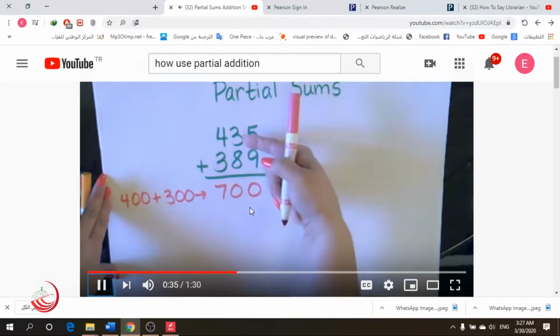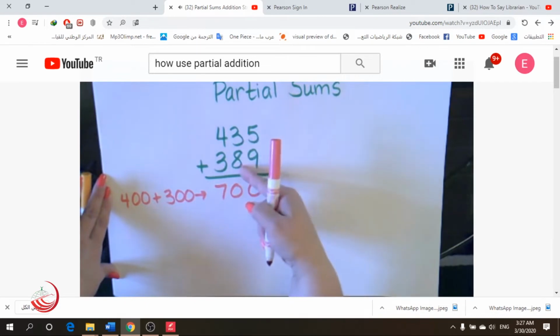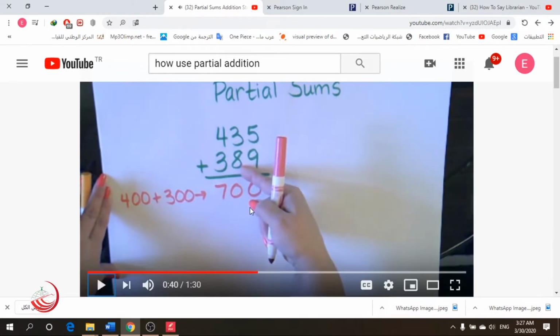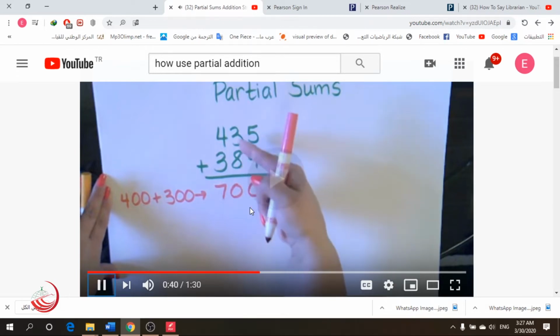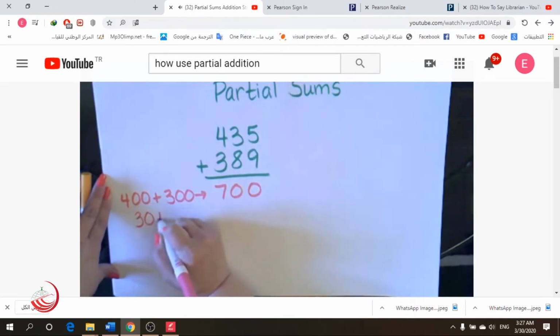I have 3 tens in 435 and 8 tens in 389. So who is the excellent one who will tell me 3 tens equals what? Yeah, good job, 30. What about 8 tens? Excellent, 80. The value of 3 tens is actually 30, and the value of 8 tens is 80.